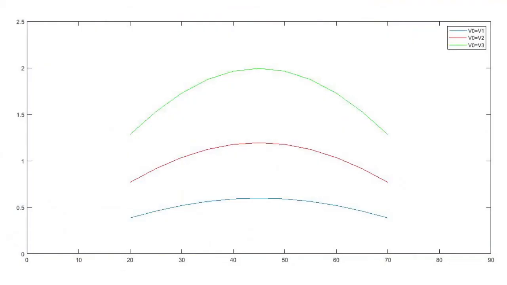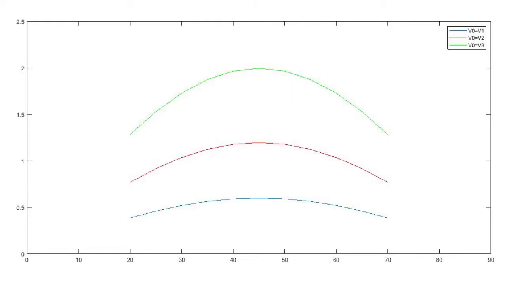In order to complete the lab report of this experiment, we must answer the questions that you can find in the manual at the end of the experiment. One of the questions asks us to plot the variation of the range as a function of theta. As we can see in this graph, we have three different plots.